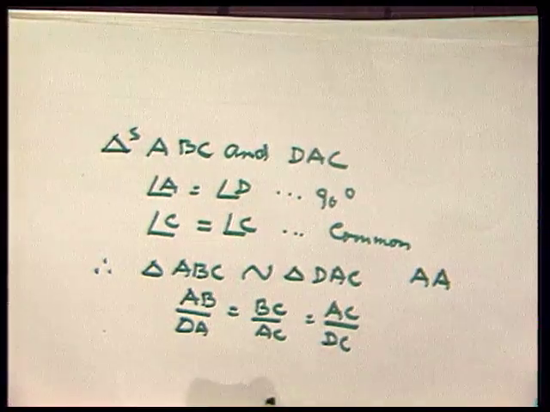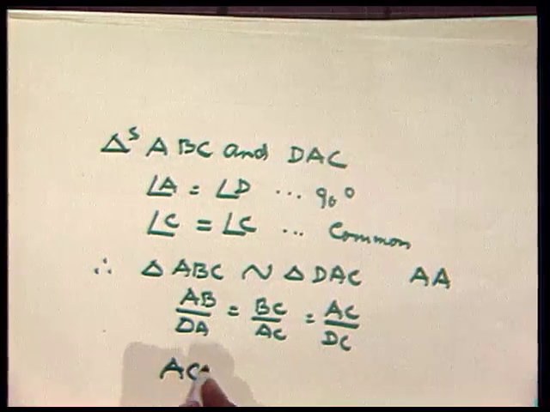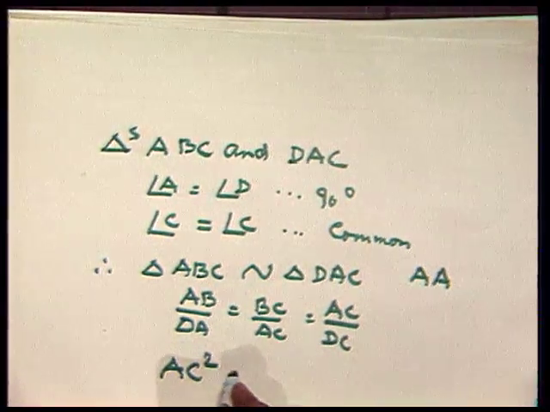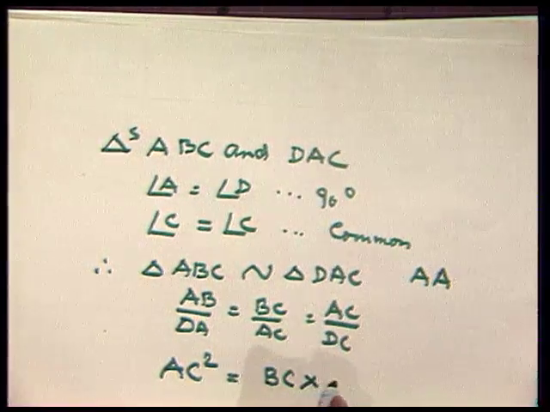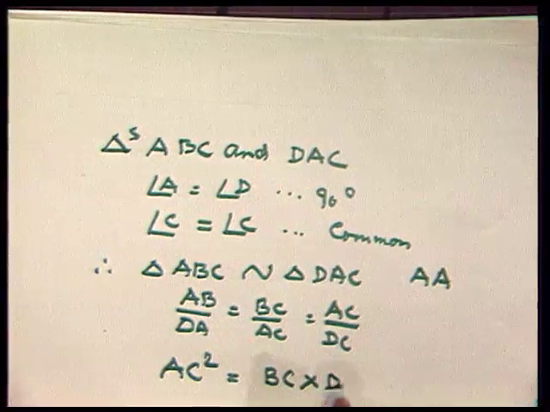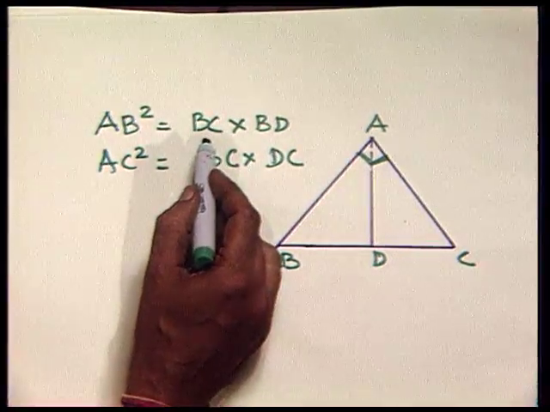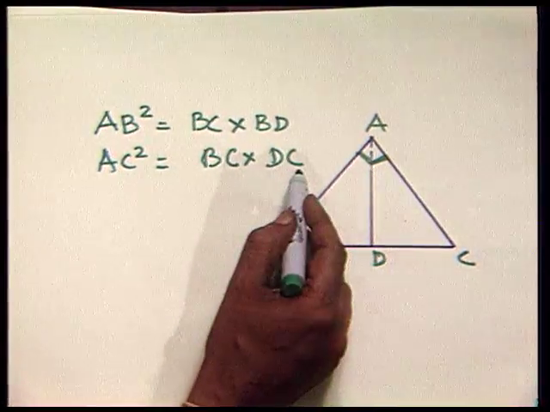Taking this last equality, we find that AC square is equal to BC into DC.